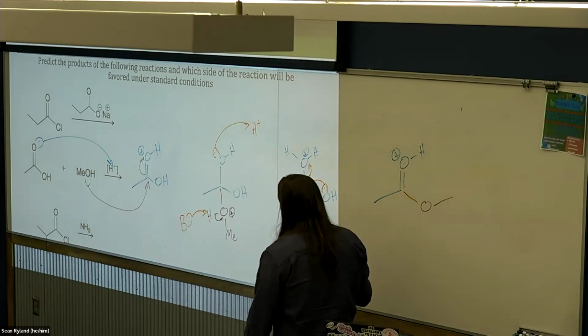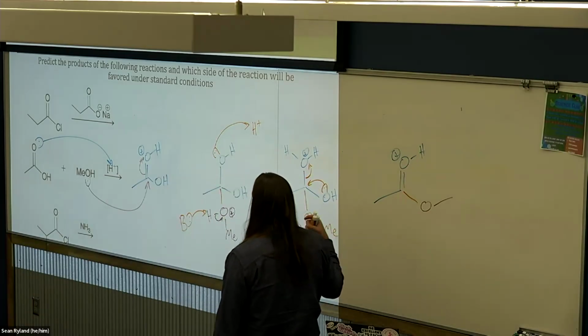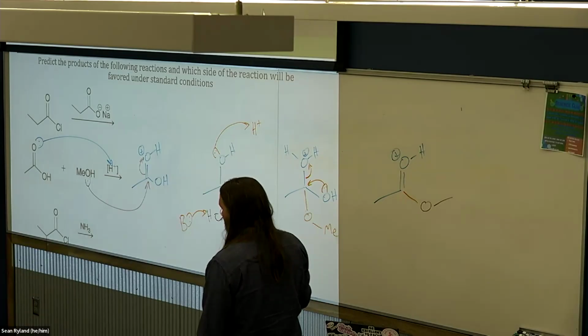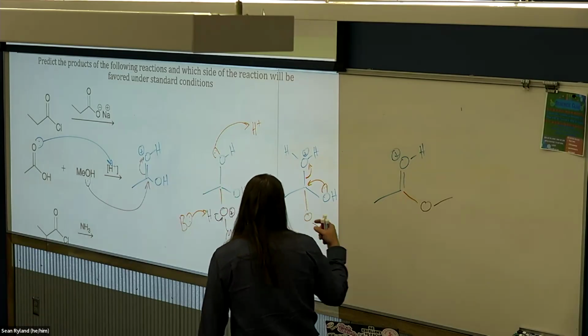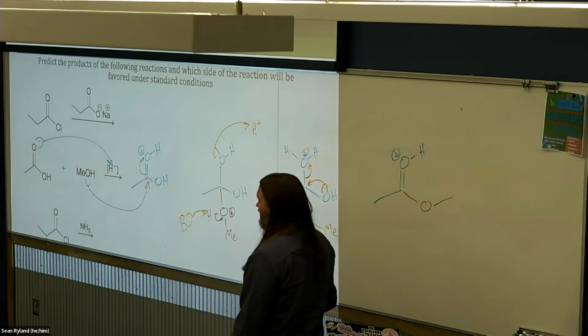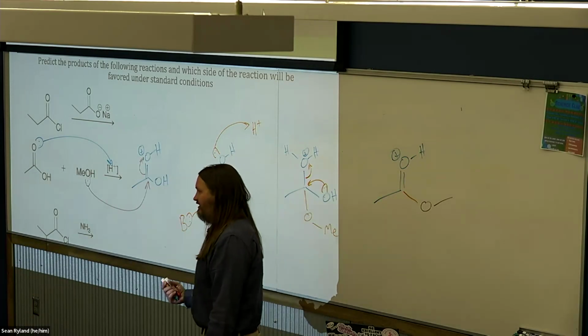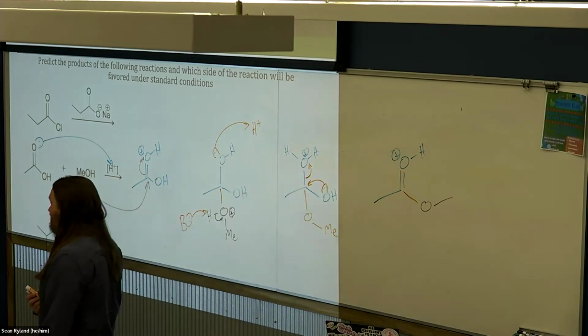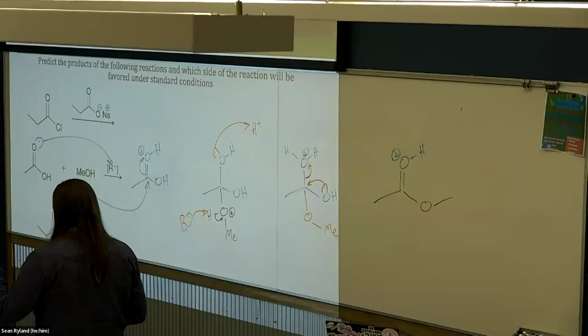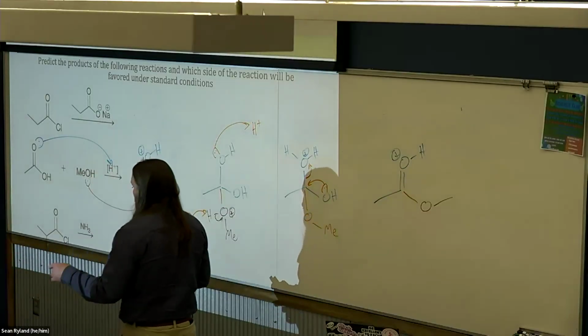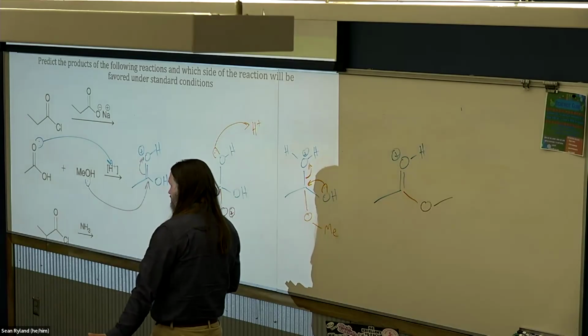Acidic conditions require you to show more steps because you can't have any negatives around. So you need to do your proton transfers in the right order so that you never have a negative sign. If it's basic conditions, you can never have a positive, so you might need to do a deprotonation step at some point.